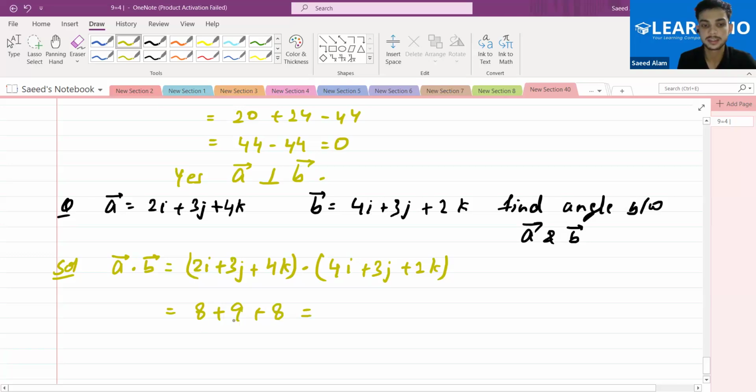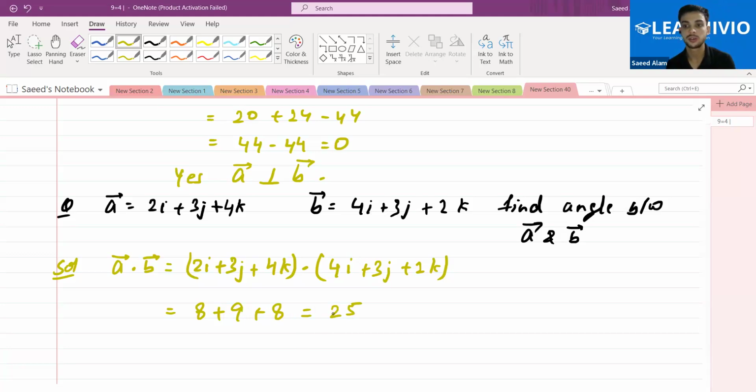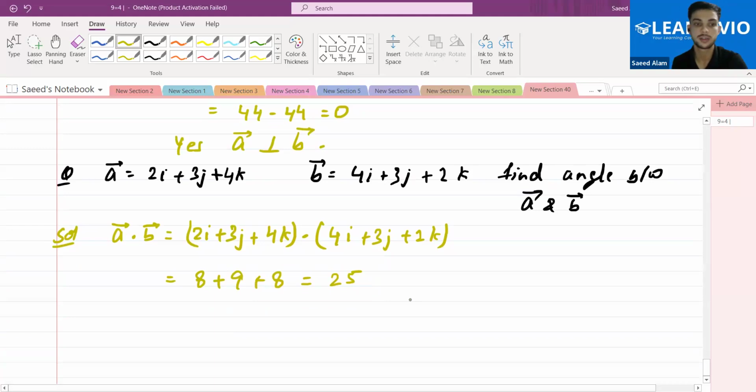So what will it be? 16 plus 9, that will be 25. Yes or no? Yes, sir. Rasha, did you get that it's 25? Yes, sir, I didn't notice the change in the question. Yes, I had just said we changed the question a little.